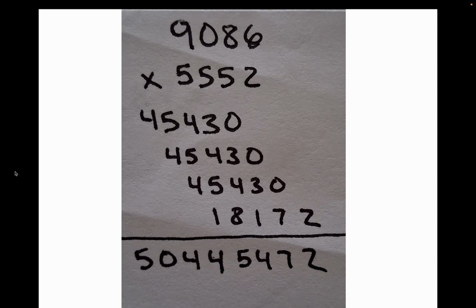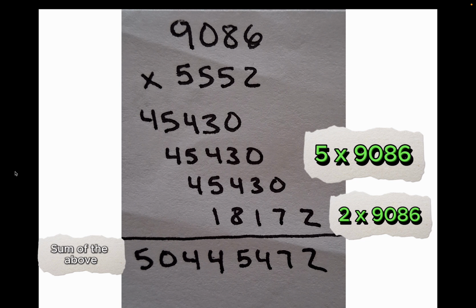So here's an example of what it looks like to do the school method. In this one, the 5,552 obviously has 5 repeating 3 times. So we're going to take each of those 5s, multiply it by 9,086, and get 45,430. Every time we move to the right in our second number, we're moving down to the right on our work here.